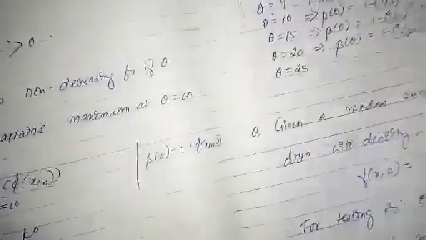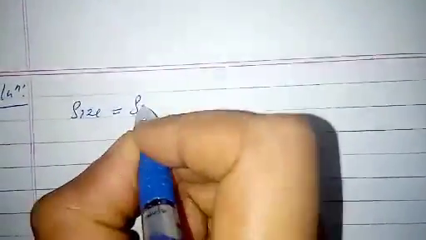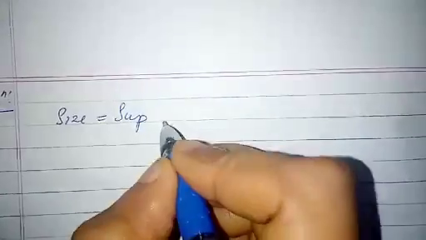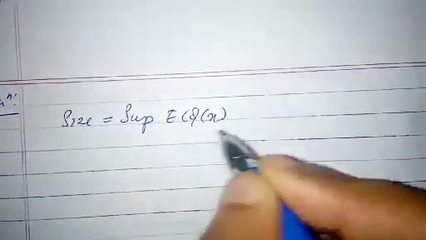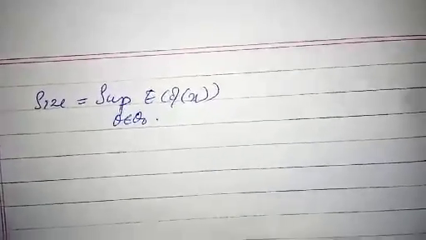So here first we have to find the size of the test, right? And here the solution is: we know that the size psi is equal to the supremum of the expectation of phi of x, theta belongs to theta naught, right?